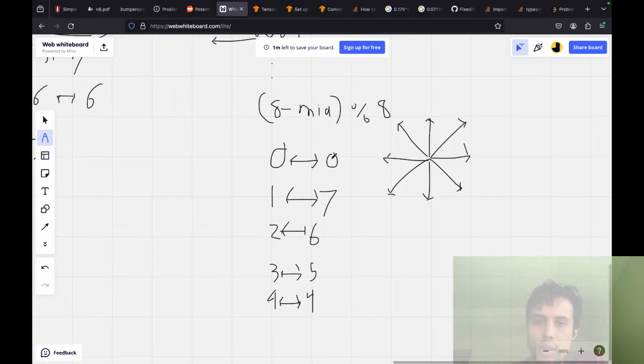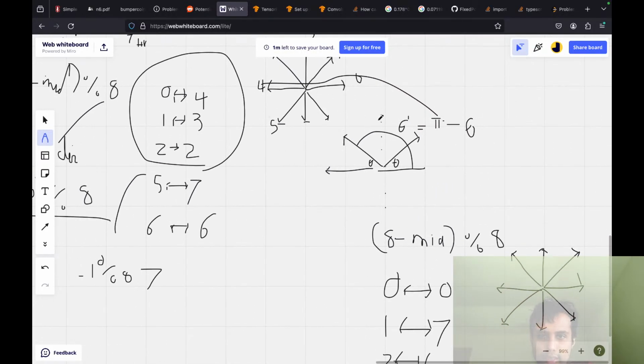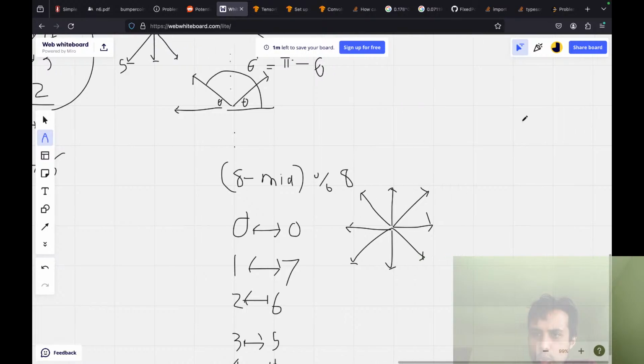So let's consider why these two had to add up to 8. We saw why they had to add up to 4 based on this diagram right here. But now let's consider what happens to theta. We have some theta here, and once we flip it vertically, it becomes like minus theta. When you're flipping it vertically, we reflect about it: going up here, we have to go down here, right?